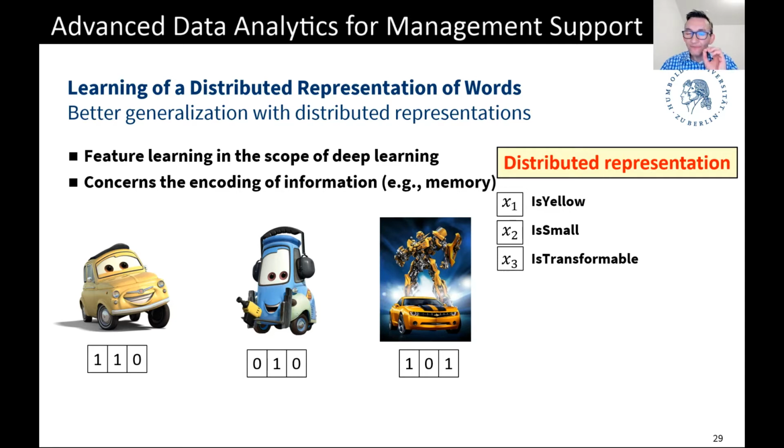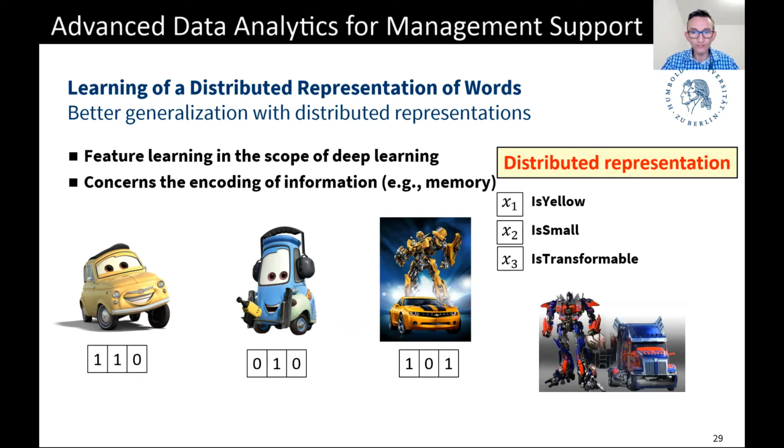And the point I'm trying to make here is that the entire concept, we represent it in a distributed manner. We have parts of it representing the color, because we identify color to be important. Other parts of my encoding represent size, because we see size as something being important. And then we have this ability to transform oneself, which is yet another part of my code.